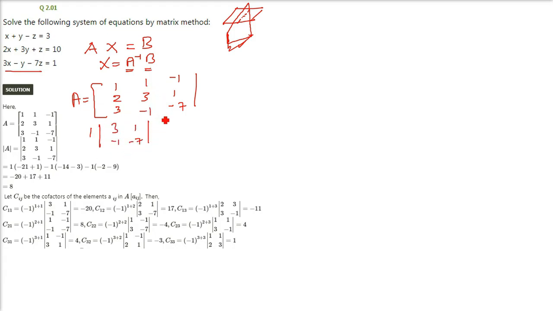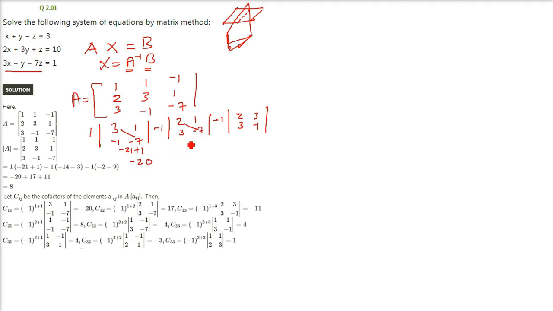I hope you have a fair idea about finding the determinant. 2, 3, 1, minus 7 for 1 and then negative 1, and then we have this 2, 3, 3, minus 1. So this is going to be minus 21 plus 1, it is going to be negative 20. Negative 20 into 1 is negative 20. So write negative 20 here.